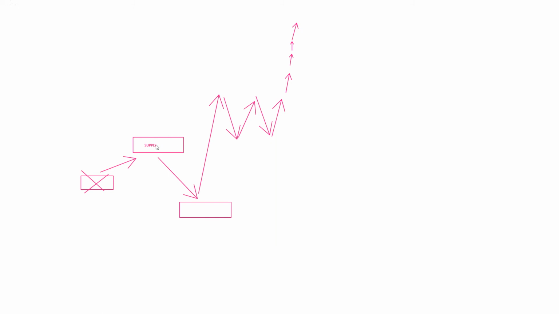All those sellers here are going to be so happy on the pullback after the breakout that they can get out from the shorts with a tiny loss or even break even.